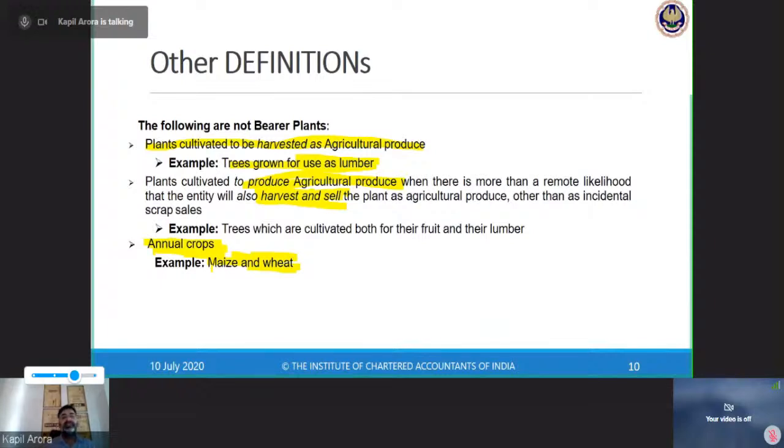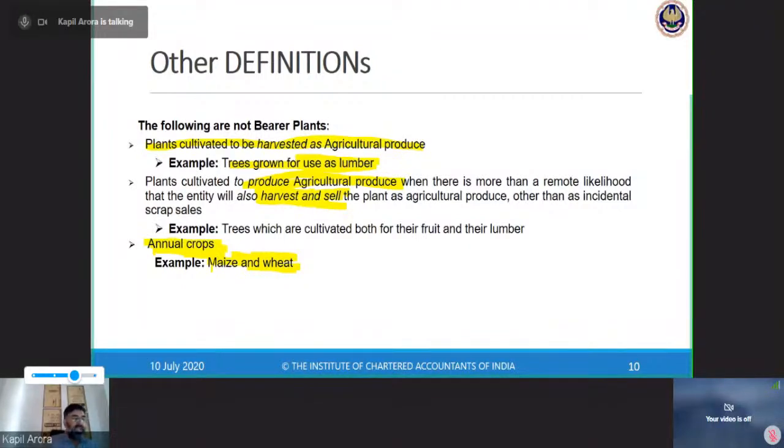It means we will not be showing them as an inventory, but we are taking the guidance from AS2, right? At what value we show these items, that guidance will come from AS2 and AS10, which we have just seen.